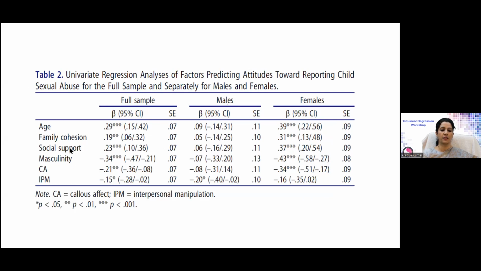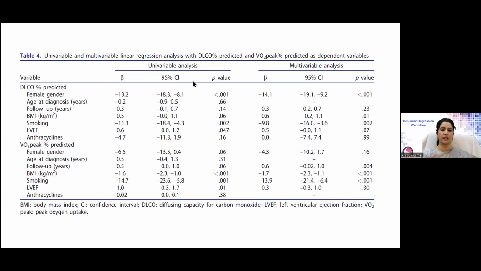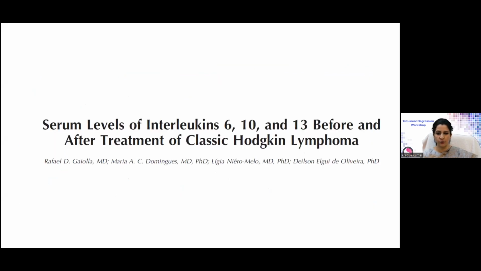He took age, family cohesion, social support, interpersonal manipulation, and callous affect. Again he did univariable and multivariable analysis. Here he reported beta, 95% confidence interval, and p-value. So it is up to you, but generally you should report the standard error also, and the F also. I think I'll show you.